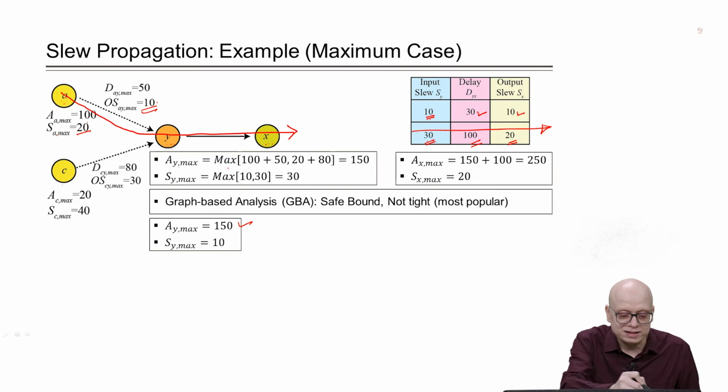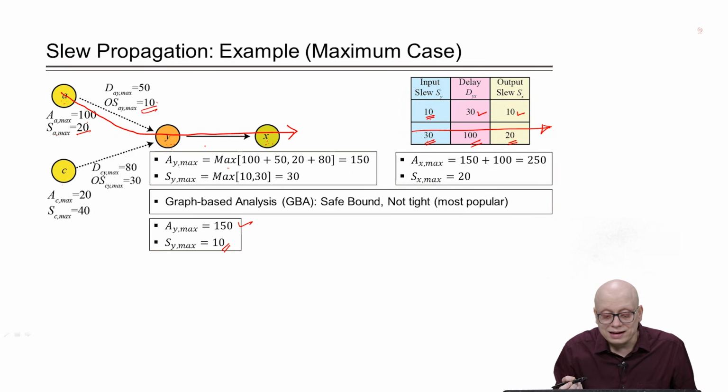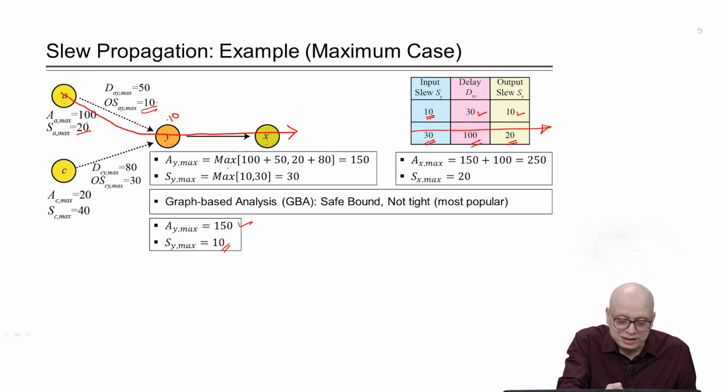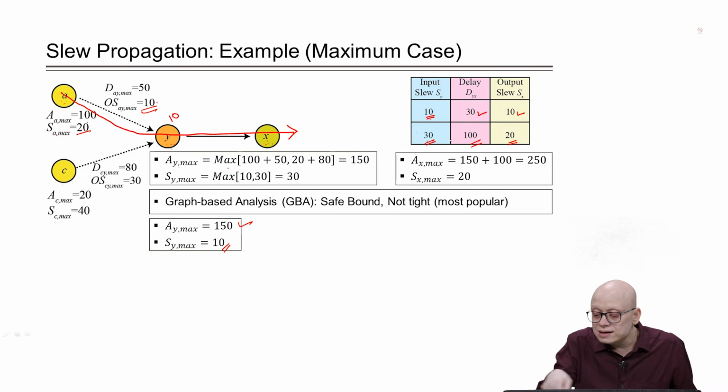That is what is exhibited by the edge A to y. Now, since the slew at this point is 10, we have to read the other row in this table, not the lower row, but this row.